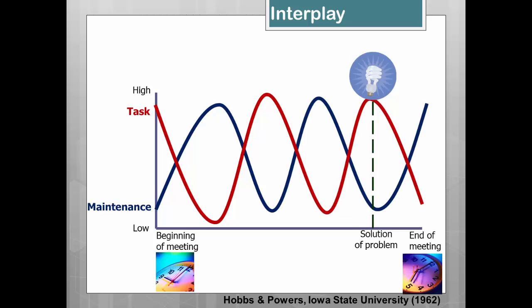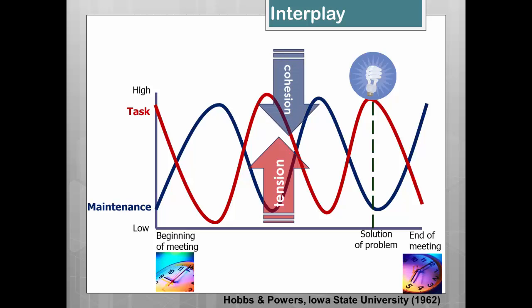The rationale is that when a group is attempting to complete a task, people are playing their task roles, tension begins to build due to conflict between competing ideas, values, and attitudes. And as that tension increases, group cohesion may start to decline. To continue operating successfully as a group, then, something must be done to decrease tension, so group members assume their maintenance roles. Thus, maintenance roles help the group better perform the task.